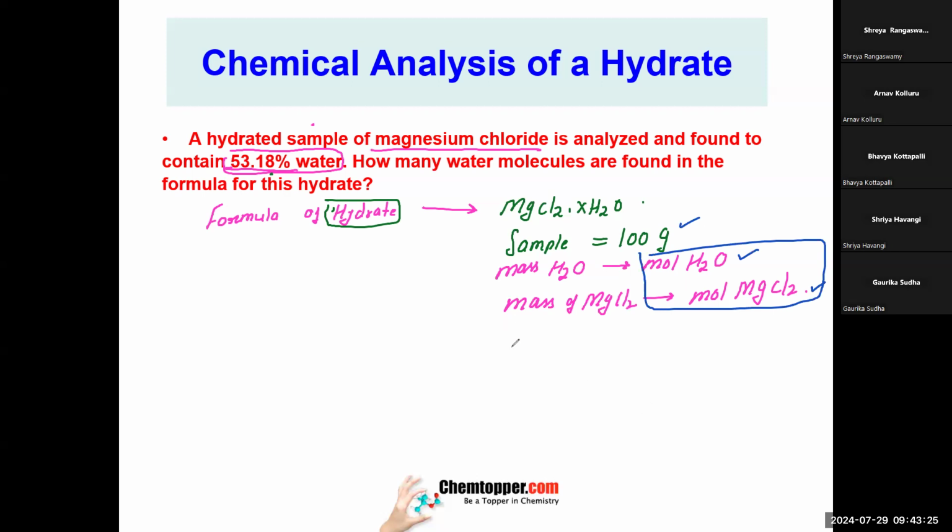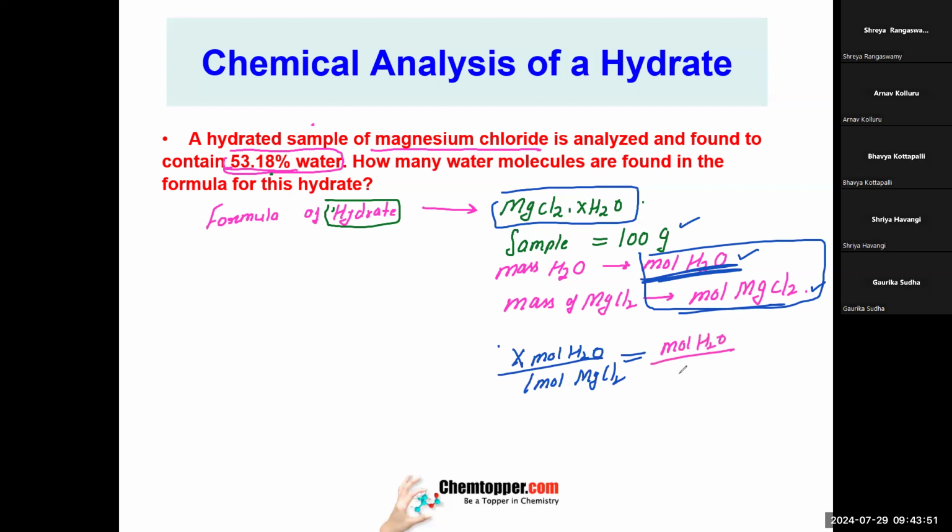Then I'm taking the ratio from this formula: X moles of H2O divided by 1 mole of MgCl2 is equal to the moles of H2O which we calculated over the moles of MgCl2 which we calculated, which came to 6, you remember? This is how you have to do these types of questions.